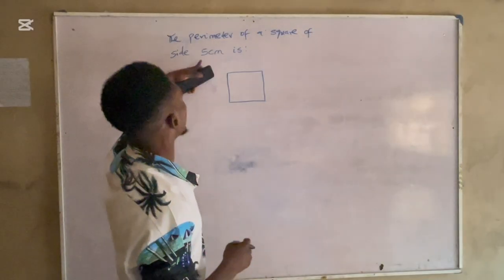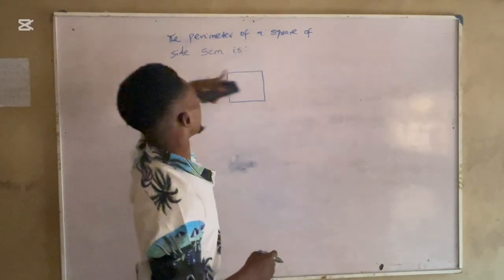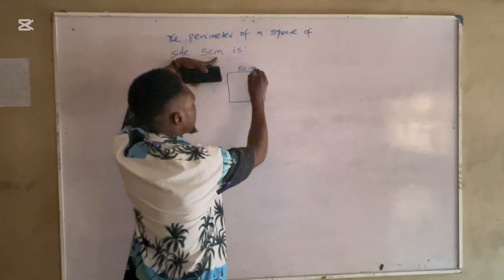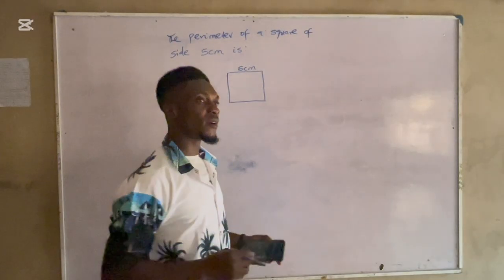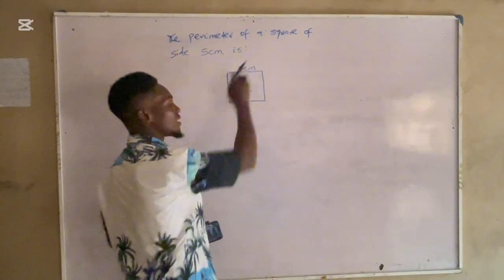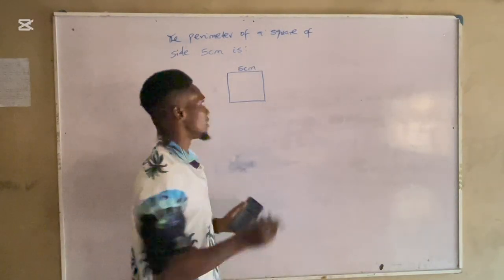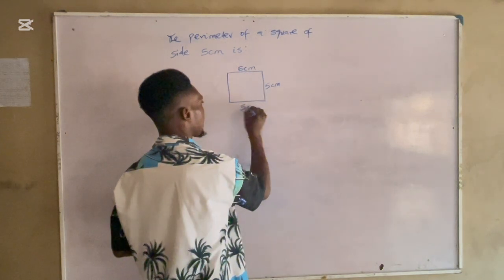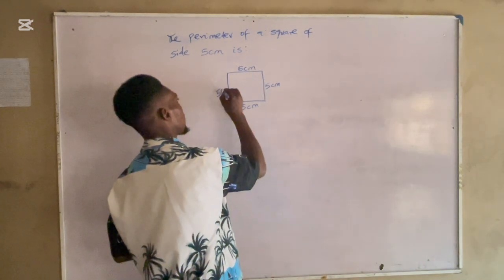So since they said a square of side 5 cm, they have given us one of the sides to be 5 cm. But we know that in a square, all the sides are equal. Since one side is 5 cm, that automatically means that all other remaining sides will still be 5 cm, 5 cm, 5 cm, all three.